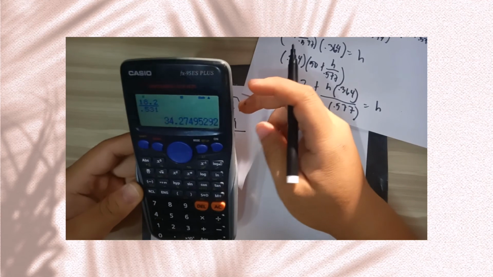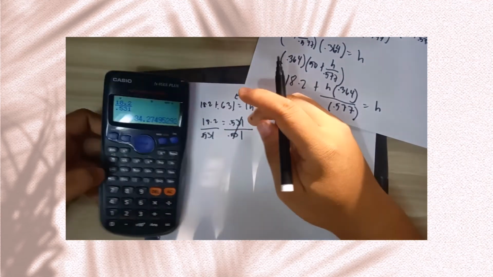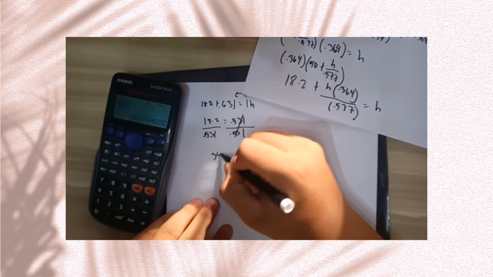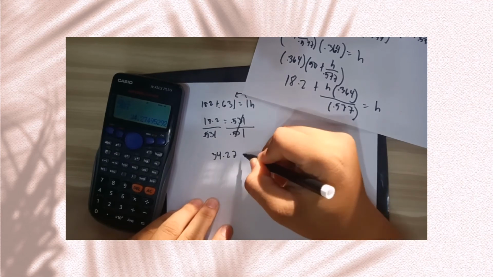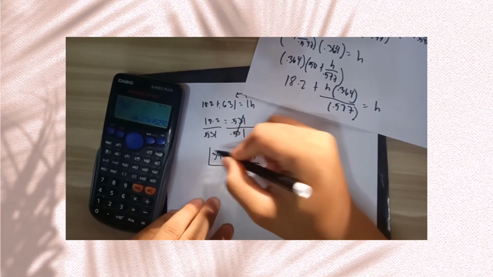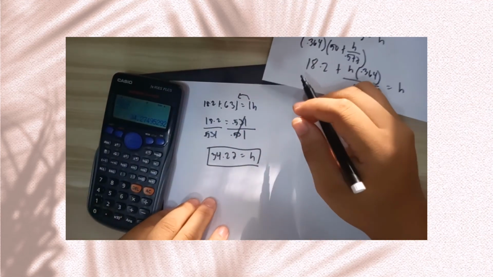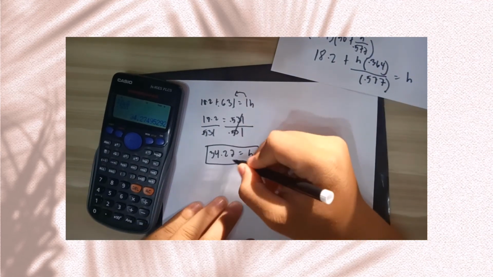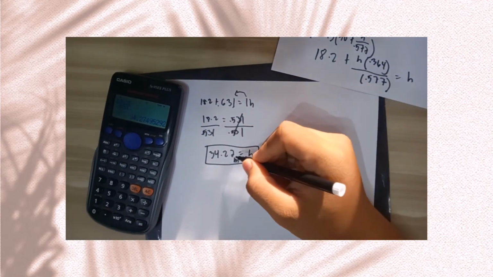The answer is 34.27. The height of the building is 34.27 meters.